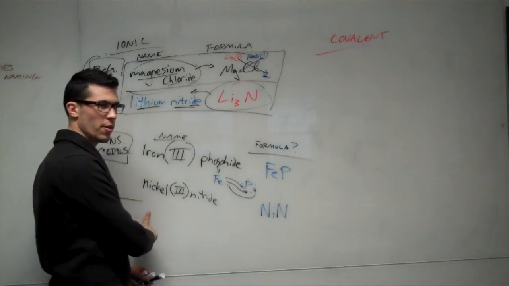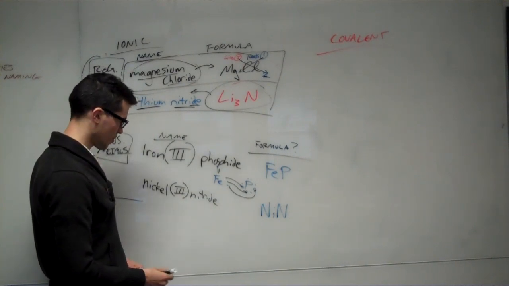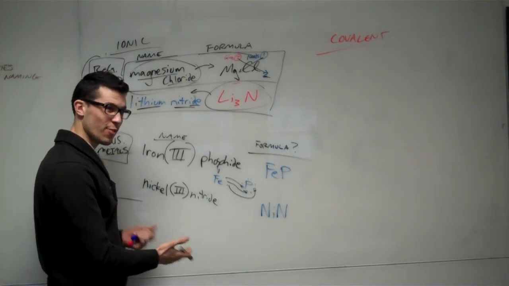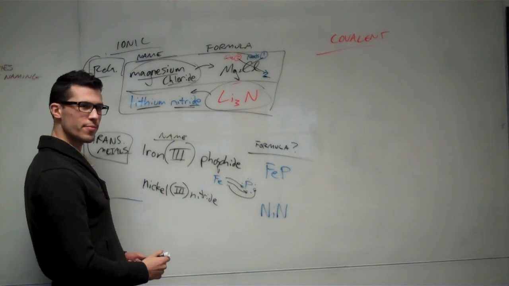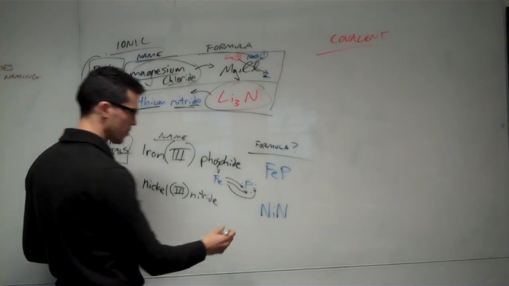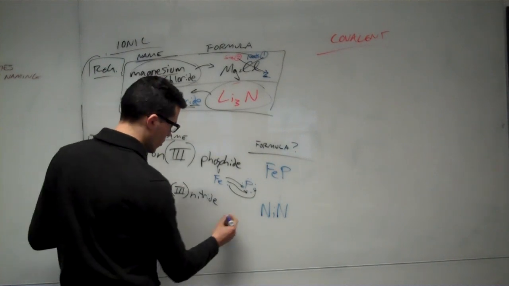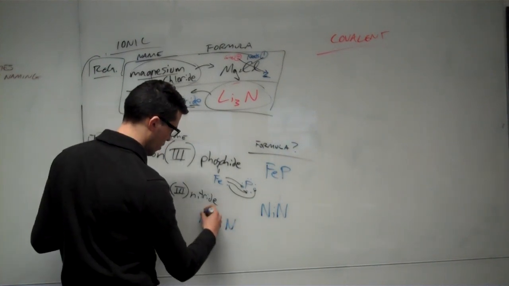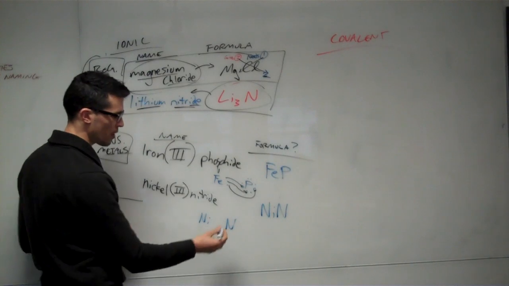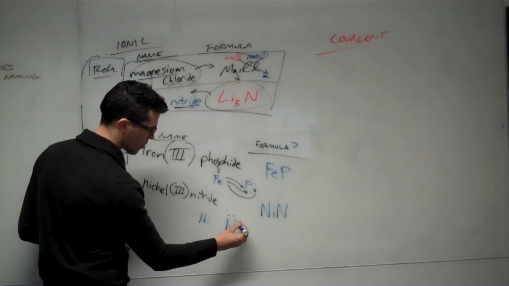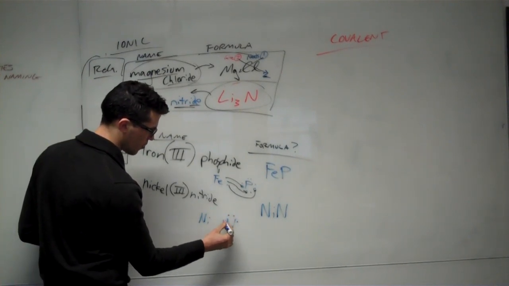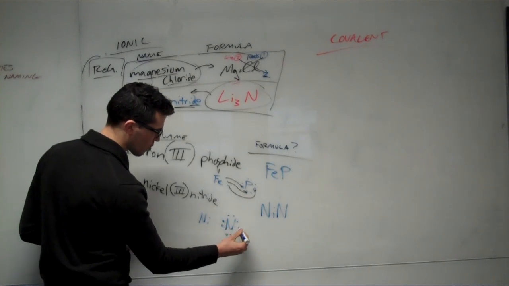Okay, now how did you figure that out? Because nitrogen needs 3 to fill its shell. So you know that there's nitrogen and there's also nickel involved with this bond. You knew that nitrogen needed 3 electrons, 1, 2, 3.